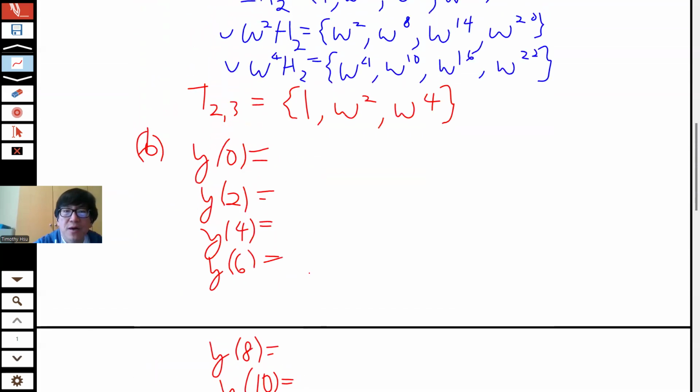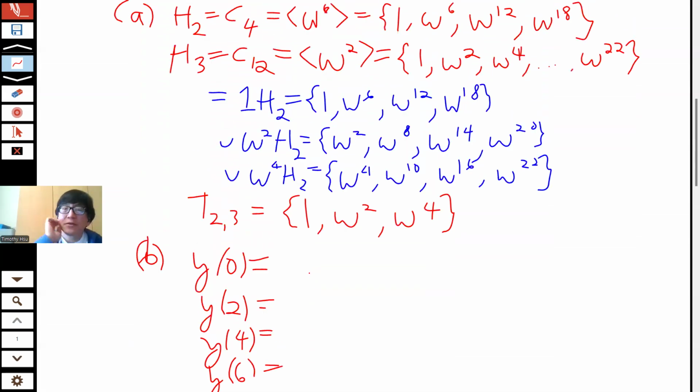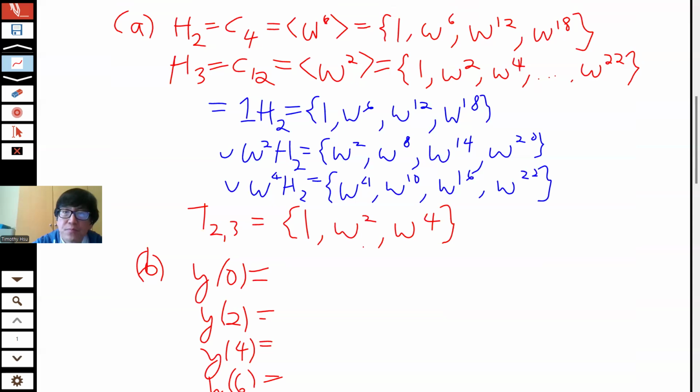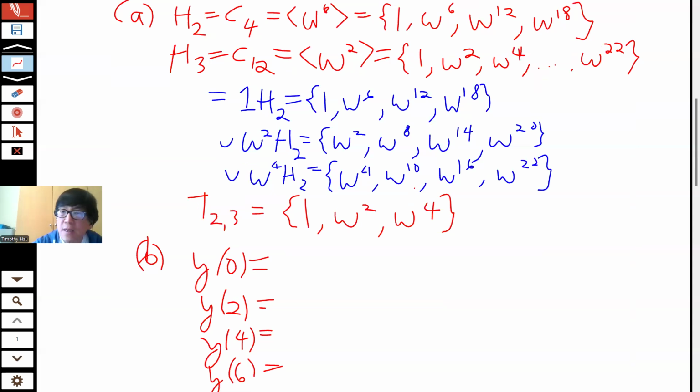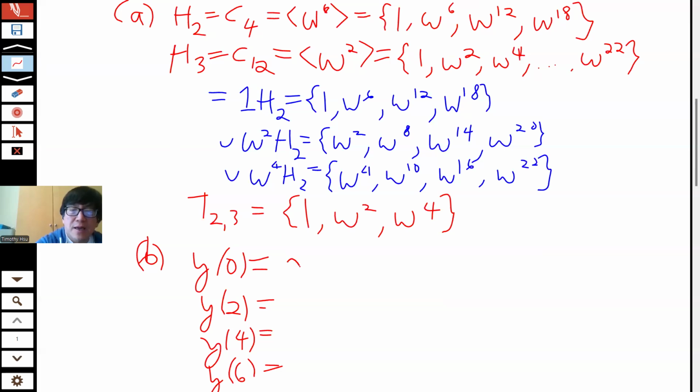Okay, so now, let's see. The beginning of each one of these equations is going to correspond to an element of the old subgroup.